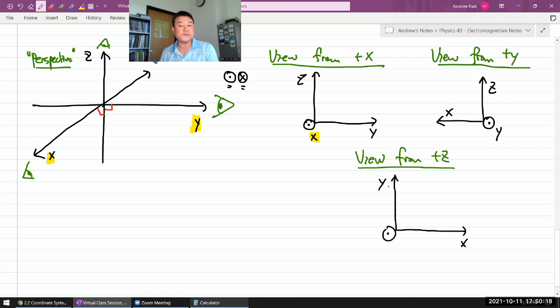So that's the third view. And this degree of freedom existed here and here too. I can just rotate these around and it'll still describe the view from plus x, but with z as the upward direction, locked into that.